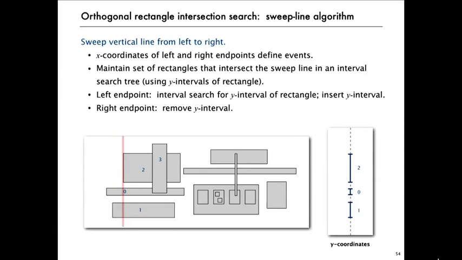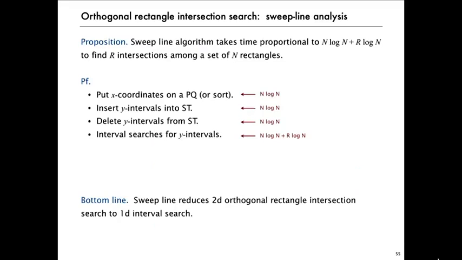And that'll give us now 3 rectangles on our sweep line. And so now the question is, when we hit a new rectangle, we want to do an interval search if we're at the left, to check which ones intersect. And the interval search tree algorithm is going to tell us which intersections there are right away. When we reach the right, then we remove intervals and so forth.